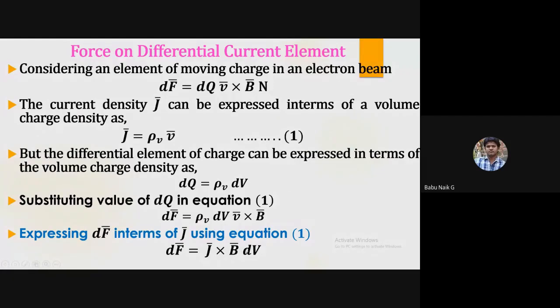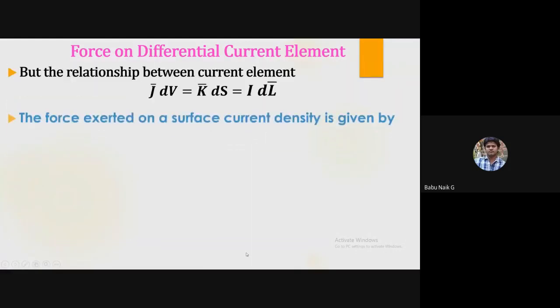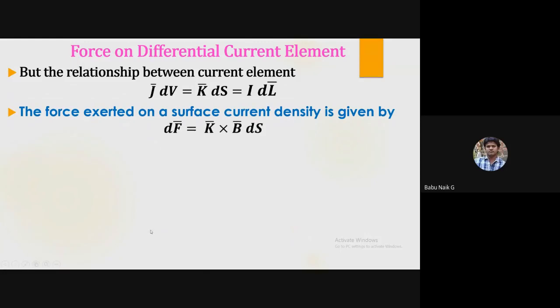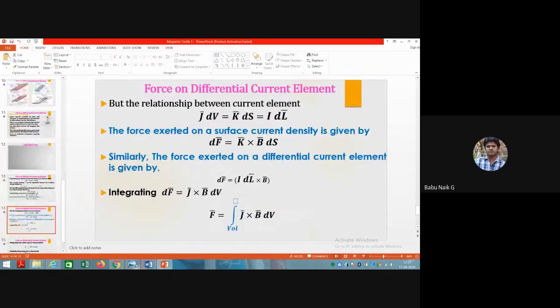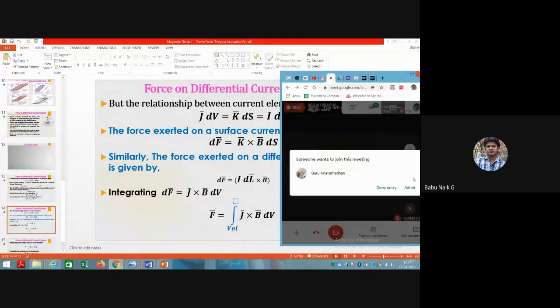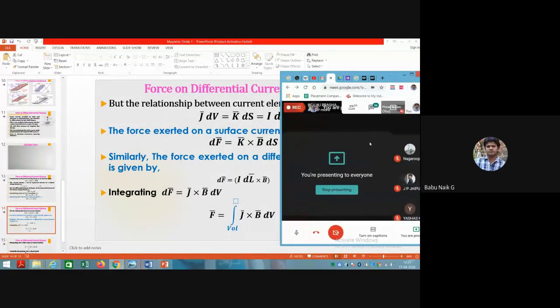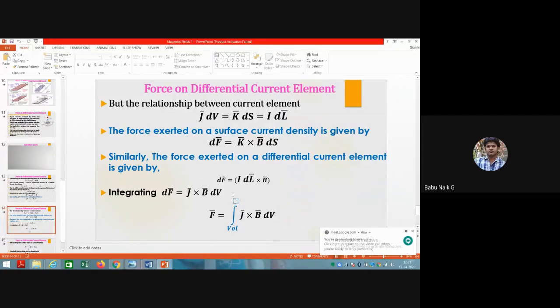Similarly for the complete surface area, df is equal to K cross B bar, where B bar is the magnetic field produced due to this surface.